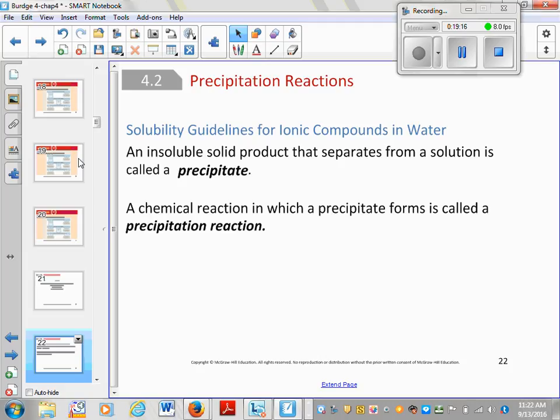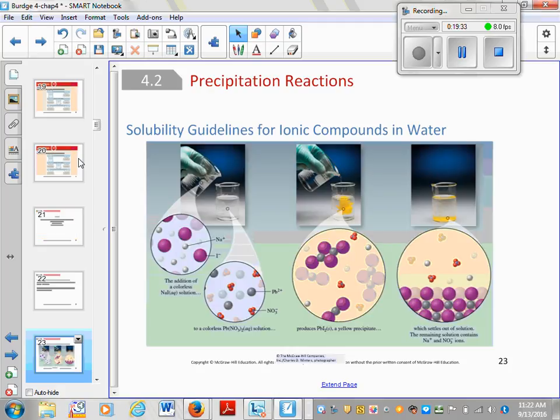The solutions can turn cloudy, turbid, and we'll probably do some of those. I don't think we did any yet. So here we're seeing a solution of sodium iodide. You can see the beaker on the left there is clear. In the other beaker, a colorless solution of lead nitrate.